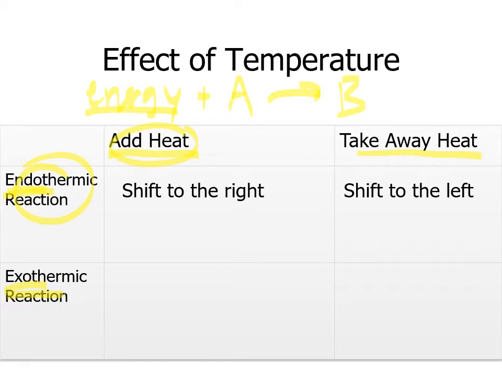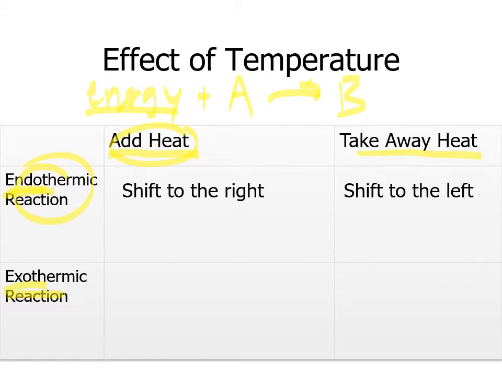If we take away heat from an endothermic reaction, it's going to be shifting left. So we take away heat from the system at equilibrium.